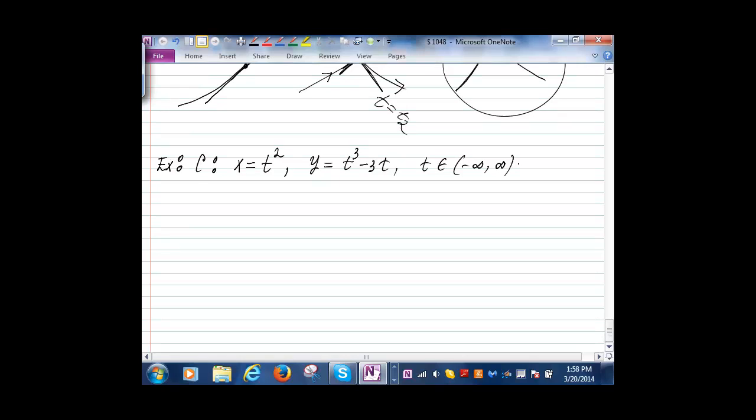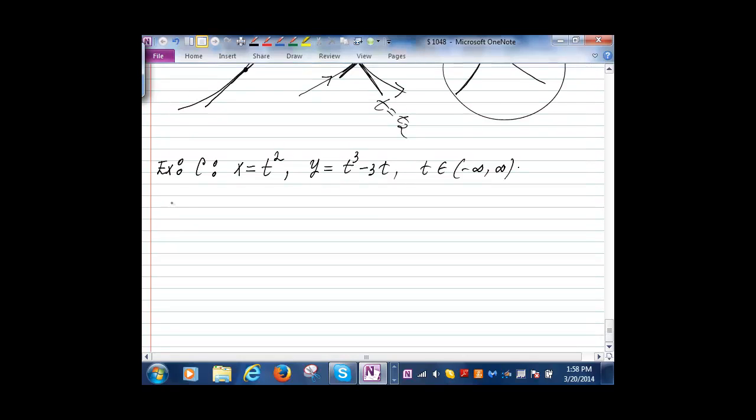All right, so the first question that I want to ask is, let's say I want to find the intercepts, that is where the curve crosses the x-axis and the y-axis.